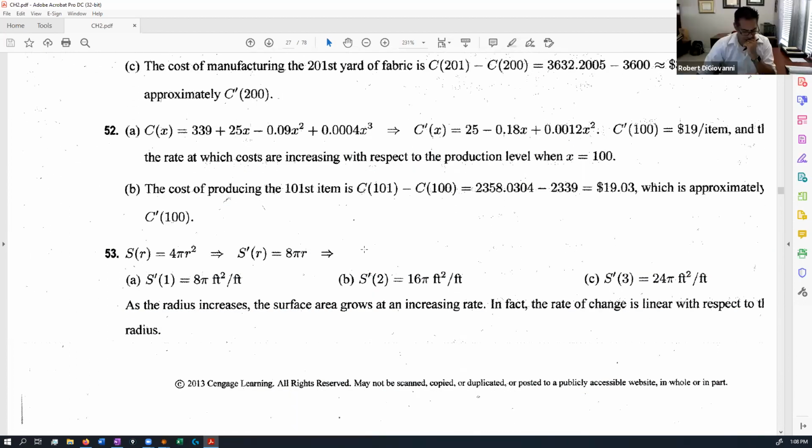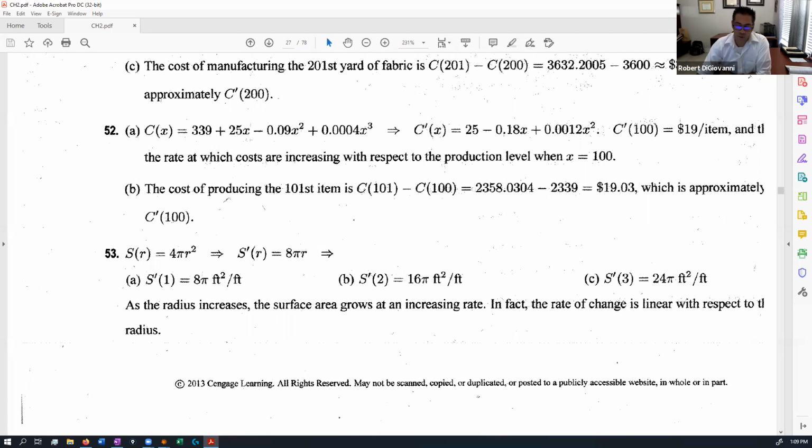So what they're doing is looking at the instantaneous rate, right? They're saying, here's your function, and when you take the derivative of this, what do you get? 8 pi r. And they're saying, okay, at 1, the rate of change is 8 pi, here's 16.